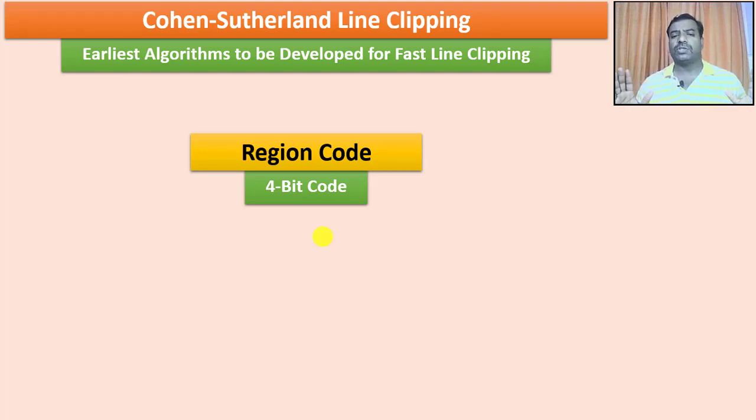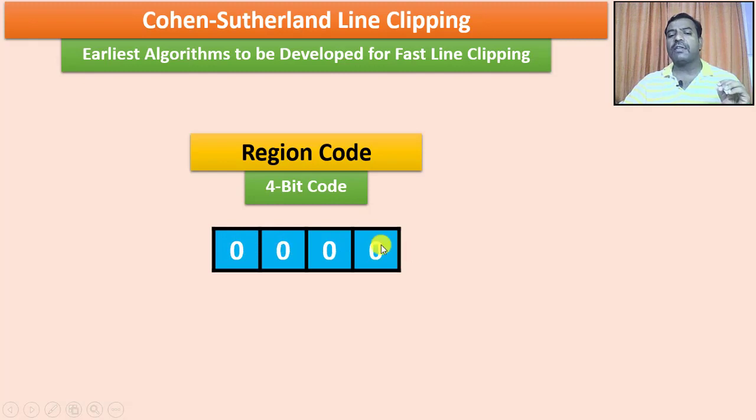Don't imagine all those things. Right now when I say region code, it will be made up of 4 bits of values. Hence we can even call this a 4-bit code. Behind this, let any number of bits be. We are not going to concentrate on that. We are going to concentrate on only these 4 lower bits.